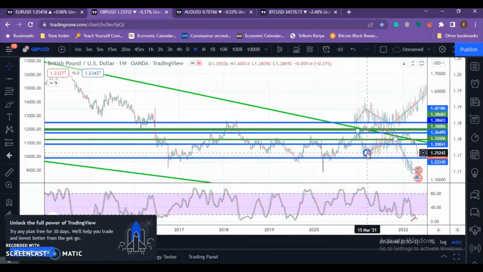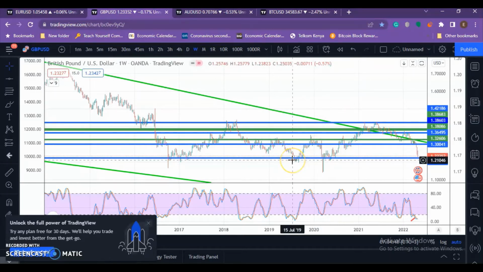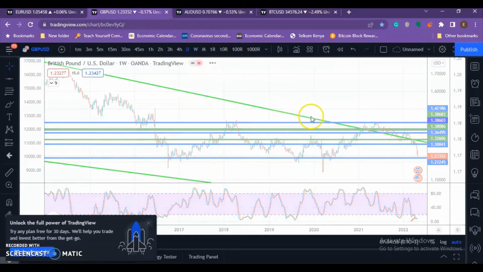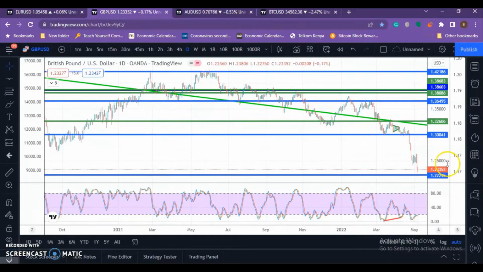Let me even remove this one, it has also served its purpose. Now all these zones are zones to watch out for. Always remember that these are very good zones to look at the prices. Our zone is right over here before we can place any of our orders for this week.